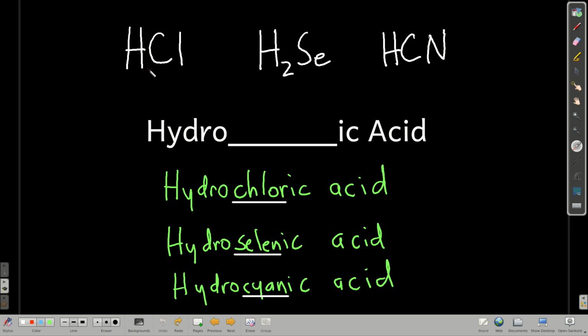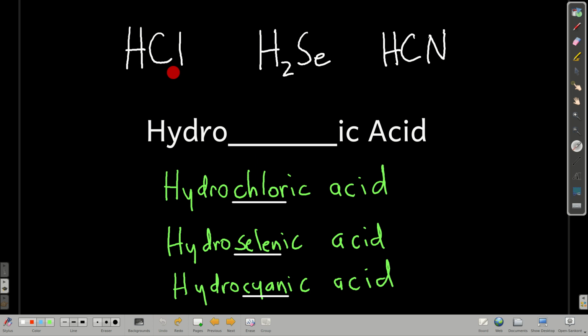These three right here are all acids. We know that by looking at them because they start with H. The rest of each would be the anion: chlorine, selenium, and CN, cyanide. None of them contain oxygen, so we're just going to fill in the blank with the root name of the anion.